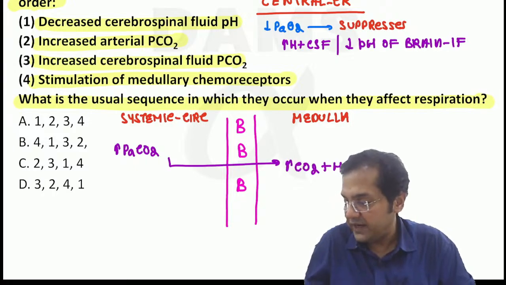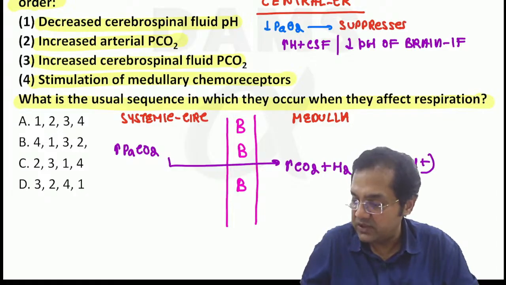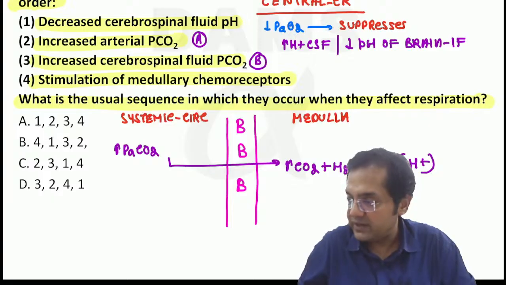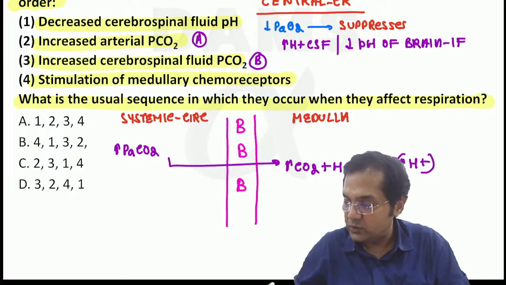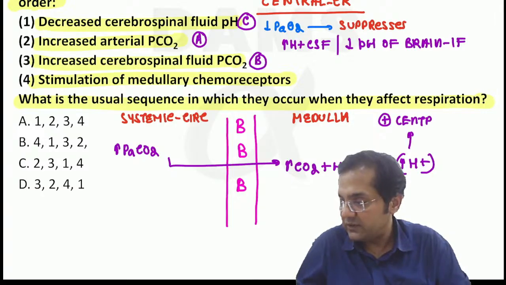CO2 will combine with water and now there is an increase in H+. So the first one was an increase in arterial PCO2. This is the first option, A. Then an increase in cerebrospinal fluid PCO2. Then an increase in hydrogen ion, this is right. And finally, this is going to cause stimulation of the central chemoreceptors.